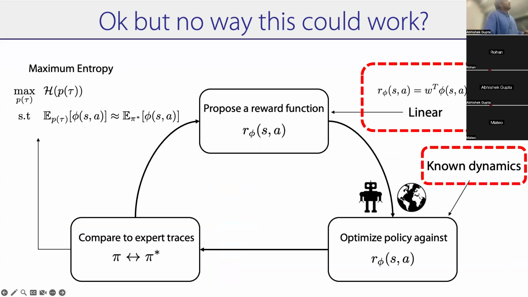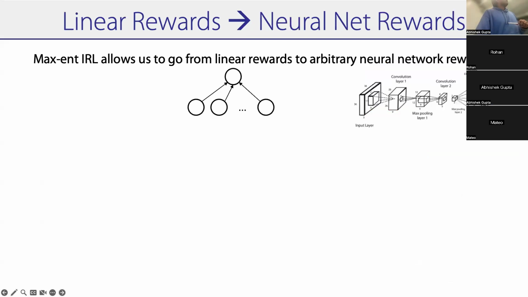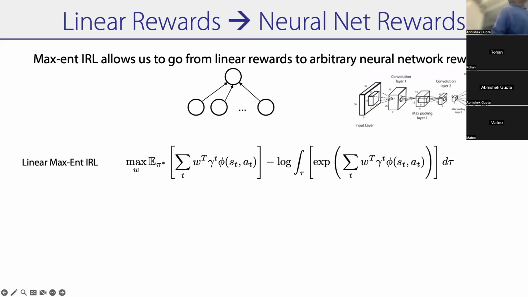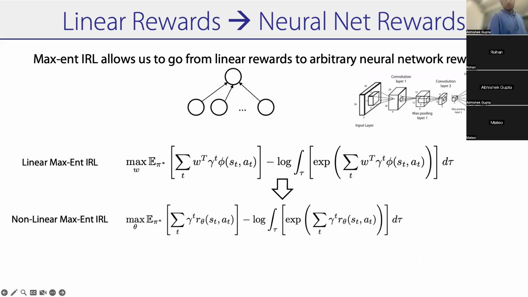The first thing we're going to do is try to relax these two assumptions. The first assumption being that the reward was linear, and the second assumption being that the dynamics were known, right? And the nice part about this objective is that nothing in it needs the rewards to be linear.